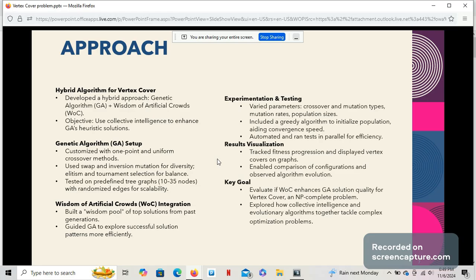I tailored it specifically for the vertex cover problem, using a mix of genetic operators for recombination, like one point and uniform crossover. For mutation, I use swap and inversion to keep genetic diversity high. Elitism helped carry forward top-performing solutions across generations, while tournament selection maintained a balance between exploring new options and refining existing ones.